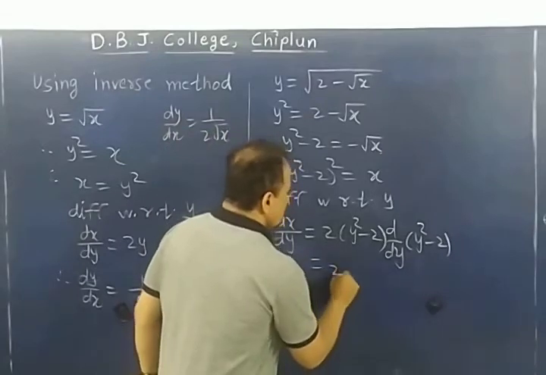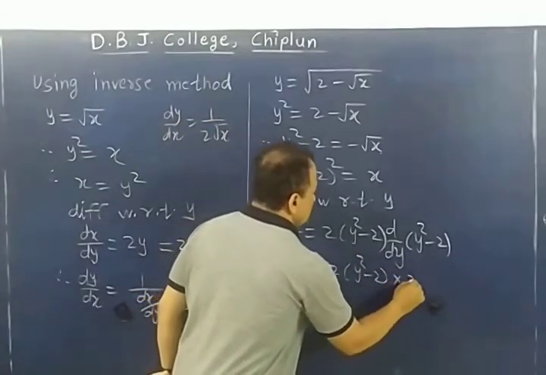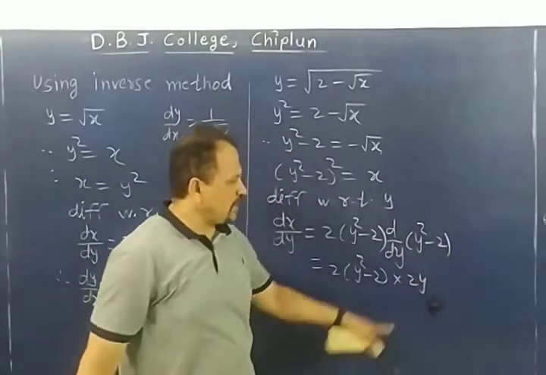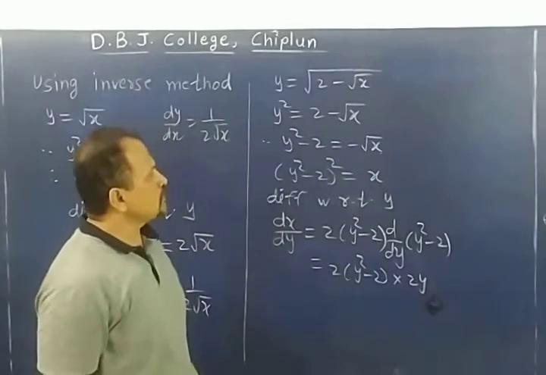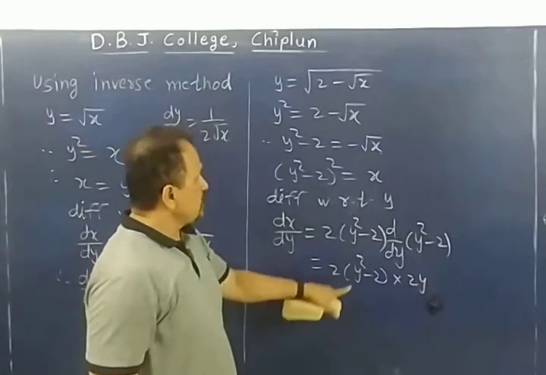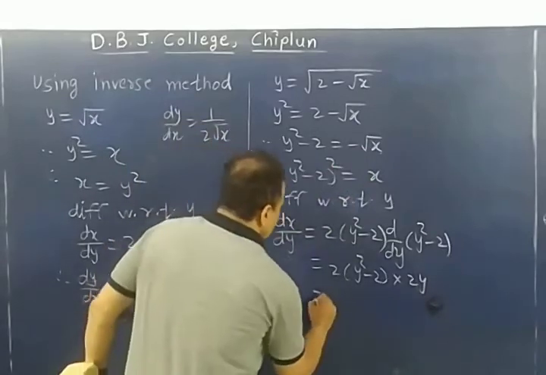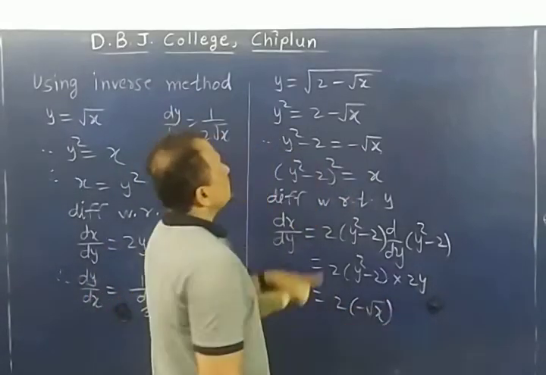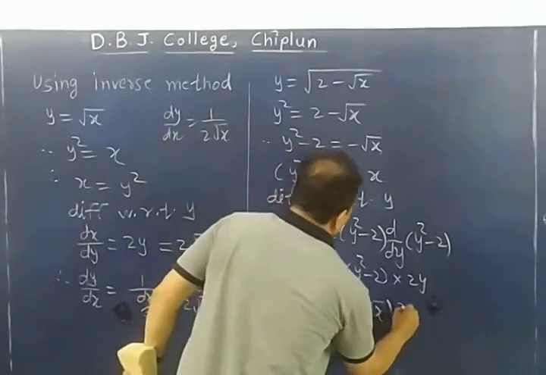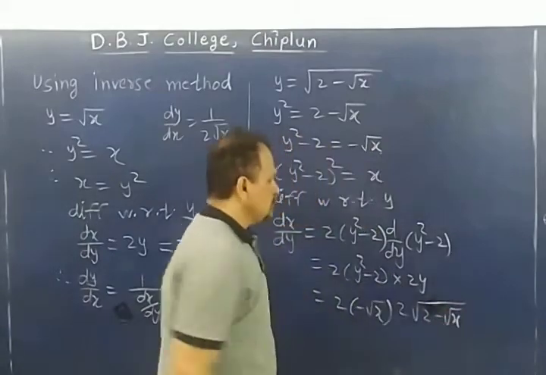That is 2 times (y square minus 2) into 2y. Derivative of y square is 2y and derivative of minus 2 is 0, which is not written over here. Now y square minus 2 is minus root x. This is 2 into minus root x. 2y is 2 into under root 2 minus root x.